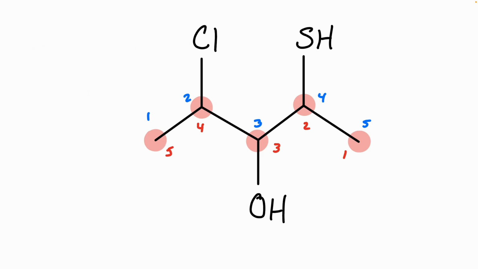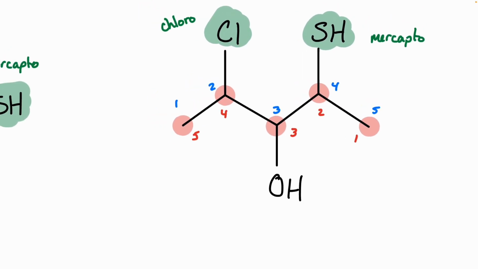So now I'm going to look to my other substituents to break my tie. This is a mercapto group. This is a chloro group. Regardless of whether I pick the blue or the red numbering scheme, I'm going to have 2, 3, 4 in the name.